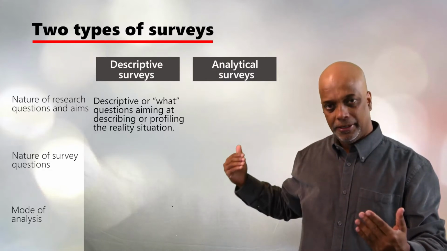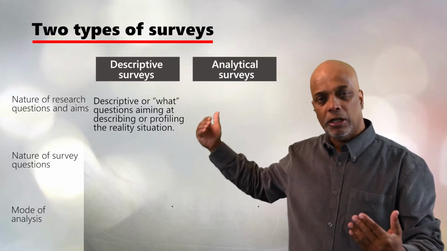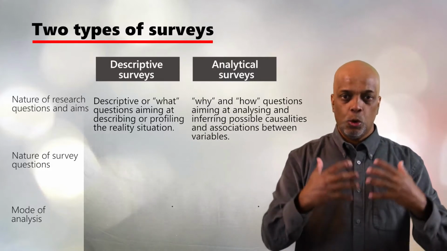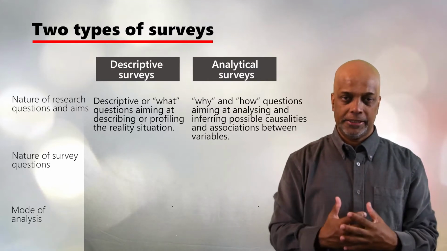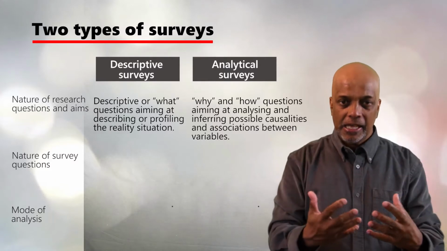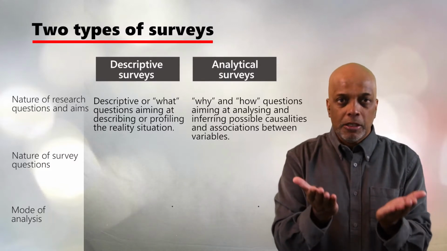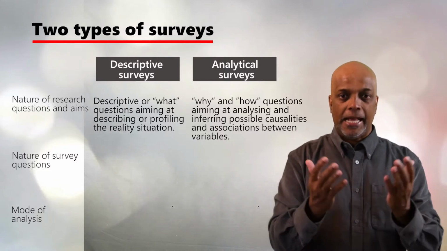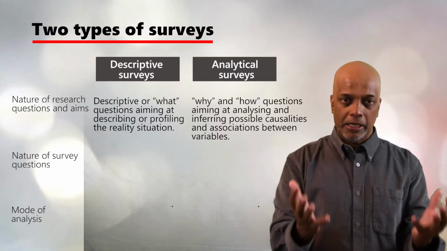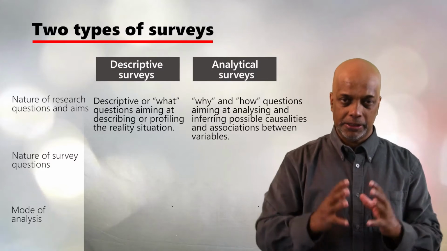But on the other hand, when it comes to the analytical or inferential survey, you would predominantly ask why and how questions, with the aim of analyzing and inferring possible causalities and association between variables, between independent and dependent variables.